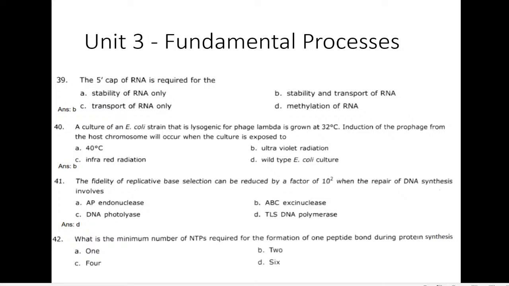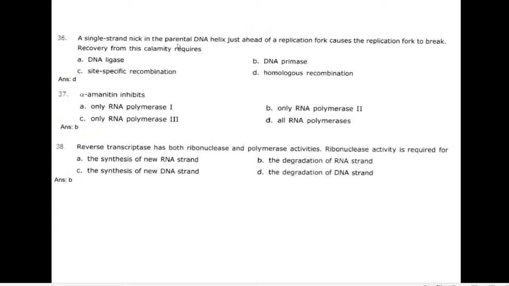Okay, next question. A single strand nick in the parental DNA helix. The statement here is that one single strand nick in the parent DNA just ahead of a replication fork causes the replication fork to break.